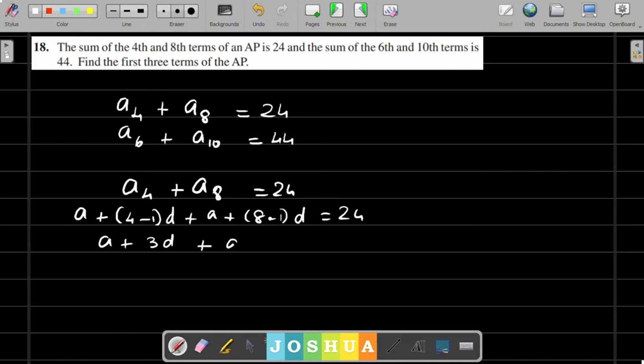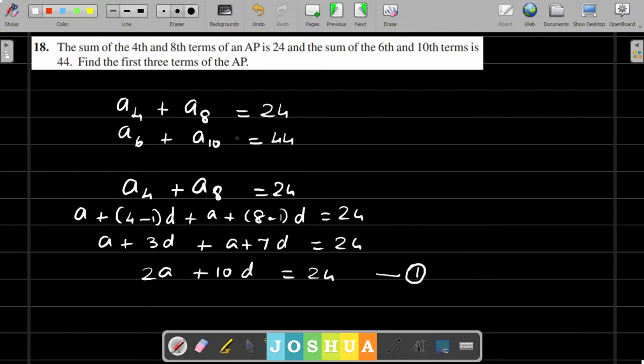A plus 3d plus a plus 7d is equal to 24, or 2a plus 10d is equal to 24. You can divide by 2 or keep the number as it is, nothing wrong in that. I prefer to keep the number as it is because I don't need to divide multiple times. So 2a plus 10d equal to 24, equation number 1.